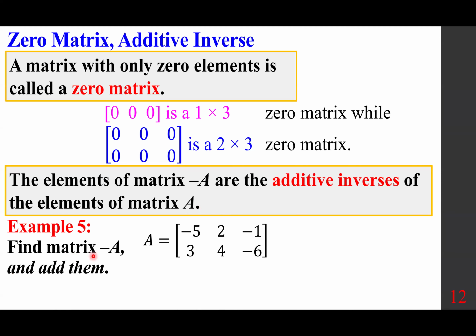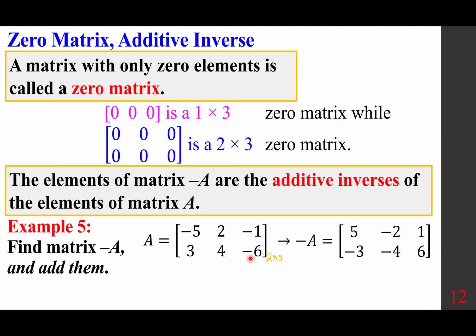Example 5, find matrix minus A and add them. So if A is a 2 by 3 matrix, let's just write it. It's always good practice to write the dimensions, 2 by 3. What is minus A? You just change those to the opposite. This becomes positive 5, negative 2, positive 1, negative 3, negative 4, positive 6.